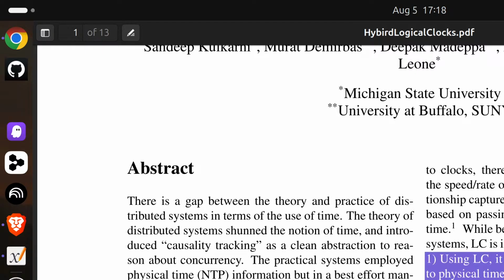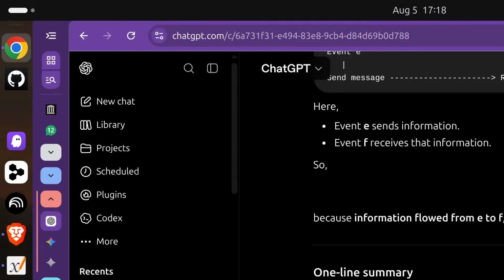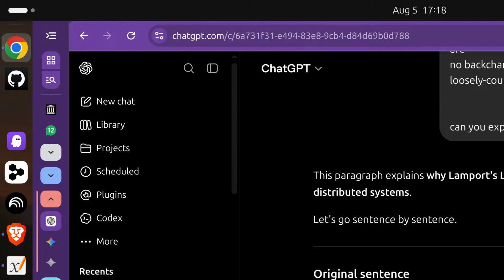So we will do that also here. We will try to understand this. Can you explain this in simple language and in brief, right? We will understand that.